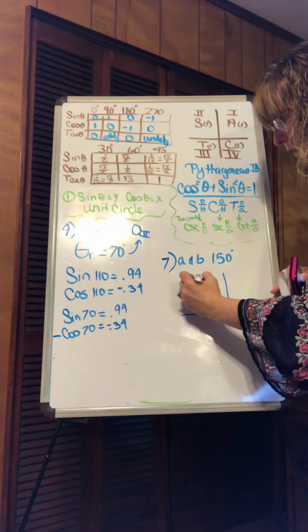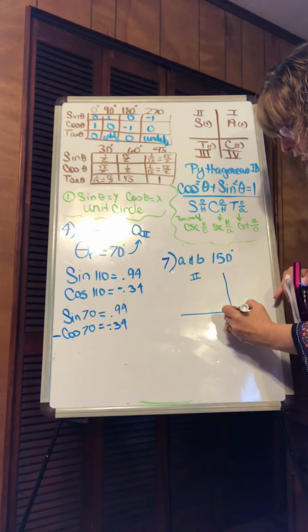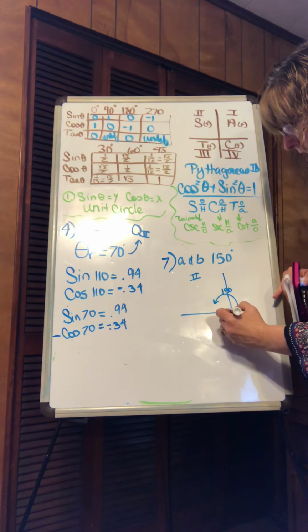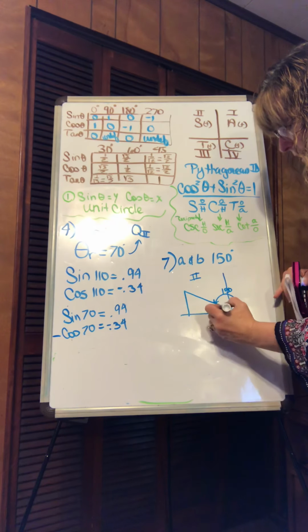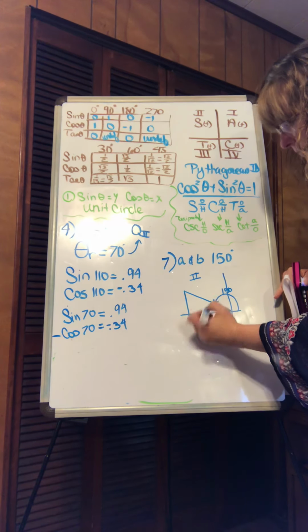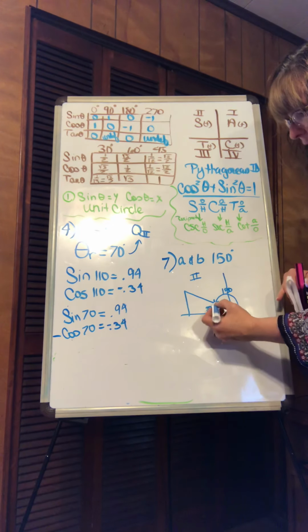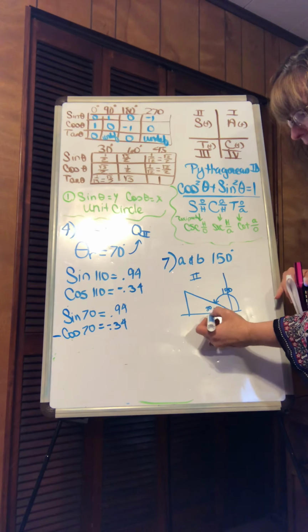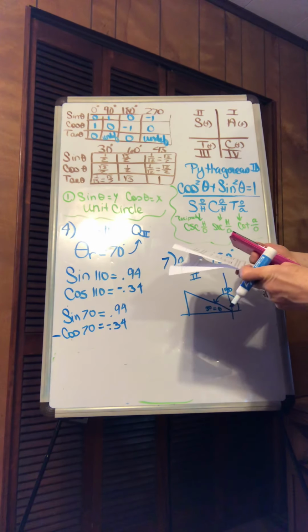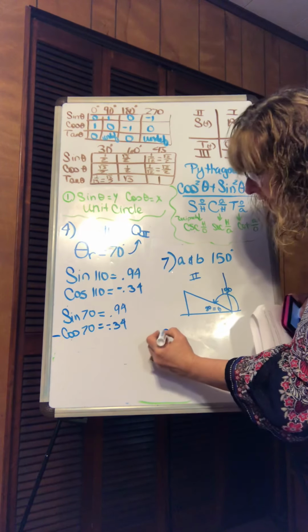So here's my quadrant 2. If I draw my 150, that gives me my reference angle of 30 degrees. And A was the cosine of 150.